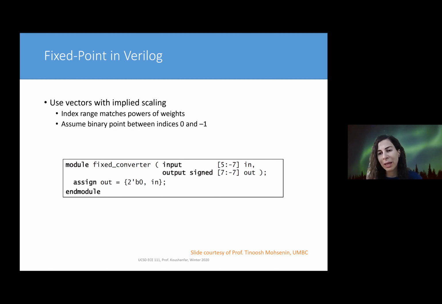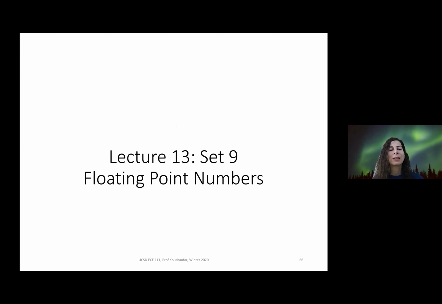None of these really impacts the way we are doing the computation, and that's the beautiful part about this. In the last set of lecture 13, we'll be talking about floating point numbers, how they can be computed efficiently, and what the standards for those are.